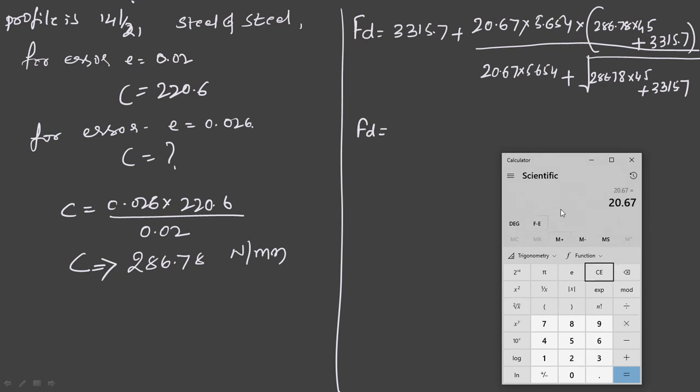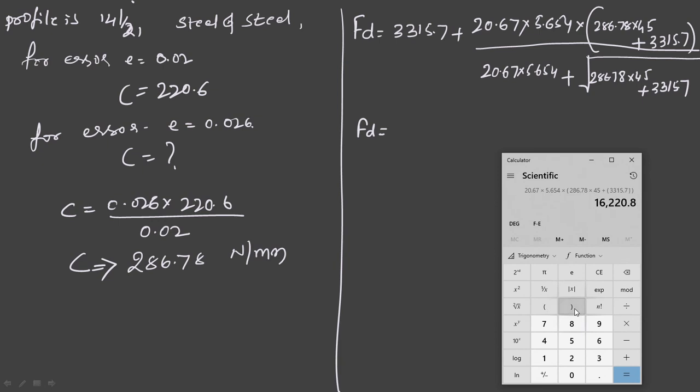20.67 into 5.654, okay, into bracket 286.78 into 45, okay, plus, oh, it has gone wrong. You just calculate. 3315.7.